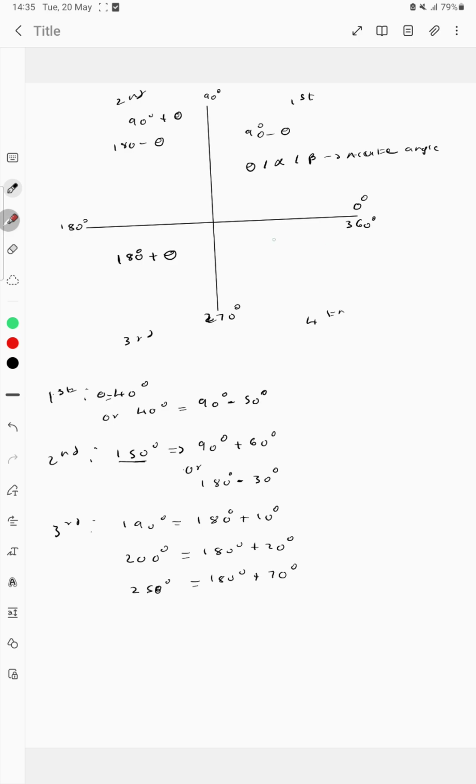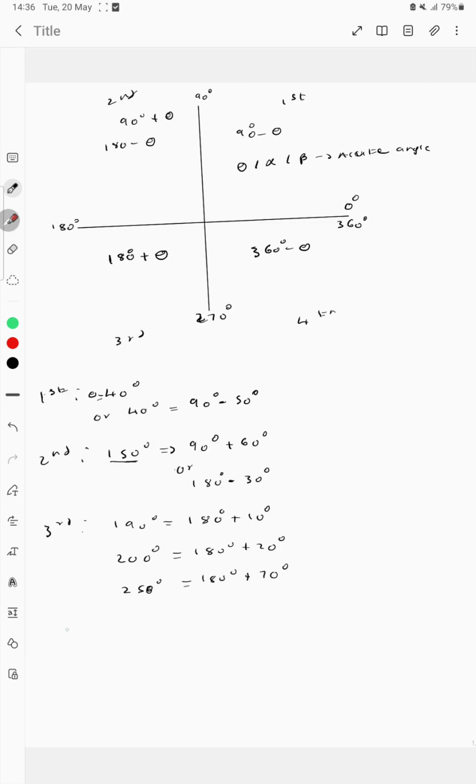All the angles in the fourth quadrant, we can write as 360 minus theta. In the fourth quadrant, you can have 290, 300, or 350, for example. 290 will be 360 minus what?